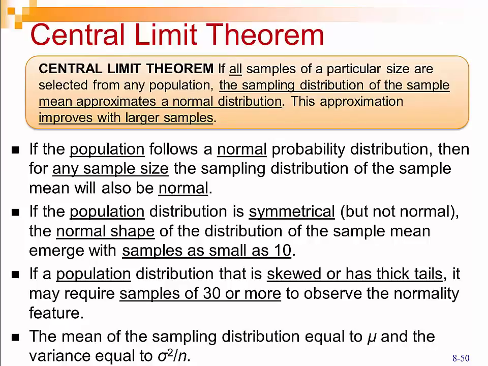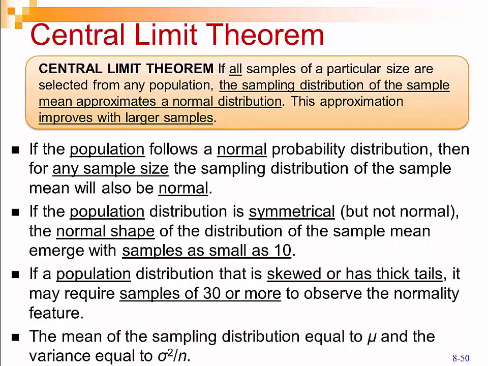If the population distribution is symmetrical but not normal, the normal shape of the distribution of the sample mean emerges with samples as small as 10 observations. If a population distribution is skewed or has thick tails, it may require samples of 30 or more to observe that normality feature. The mean of the sampling distribution is equal to mu, and the variance is equal to sigma squared divided by n.